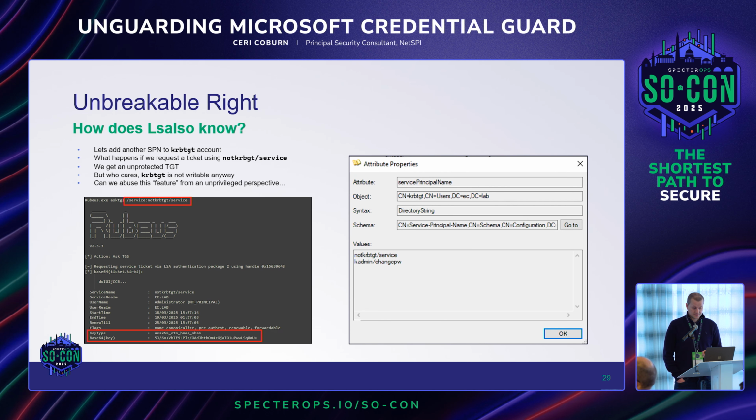And you get a ticket. It's not protected, but who really cares? You need admin to add a service principal to the KERB-TGT account unless you're in an environment that's going to be in trouble. So then I thought, what can we leverage this feature for from an unprivileged perspective?